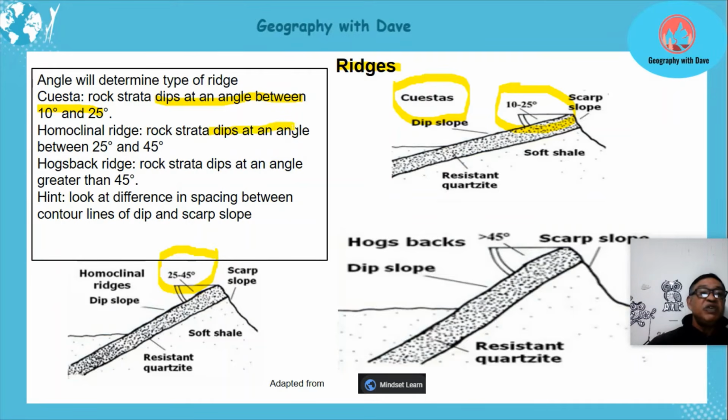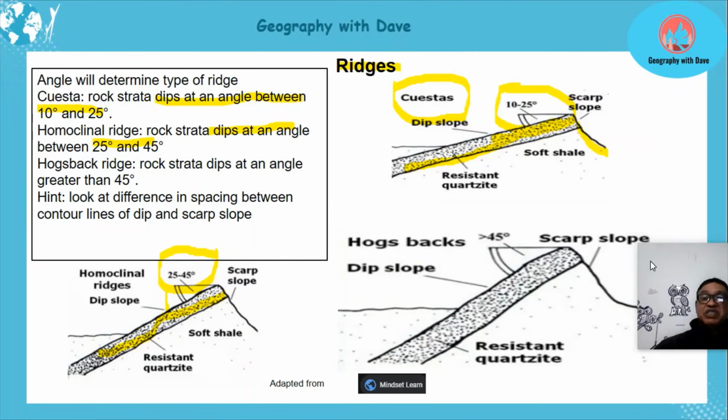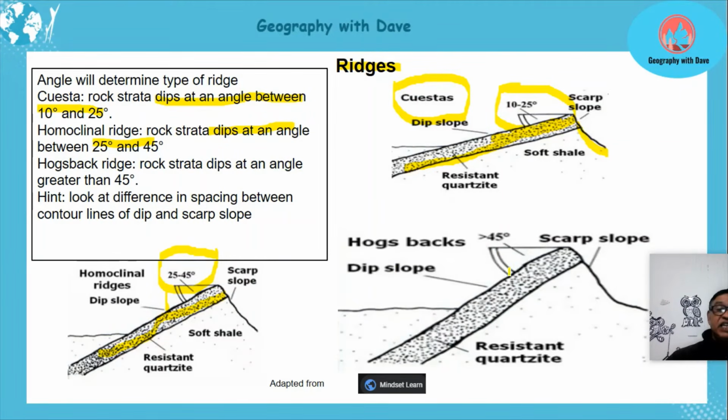Can you see the angle is getting bigger? So the dip slope, which is the gentle slope, is relatively gentle compared to the scarp slope, which is the steep slope. Here, the dip slope is not as gentle because the angle has increased. And eventually, when we come to the scarp slope, the angle is greater than 45 degrees.